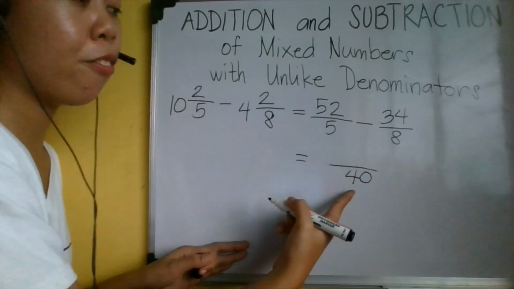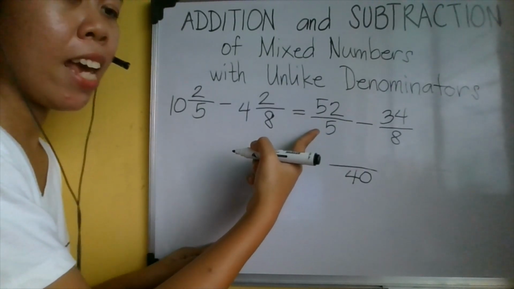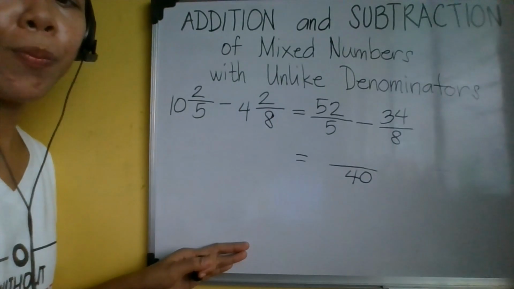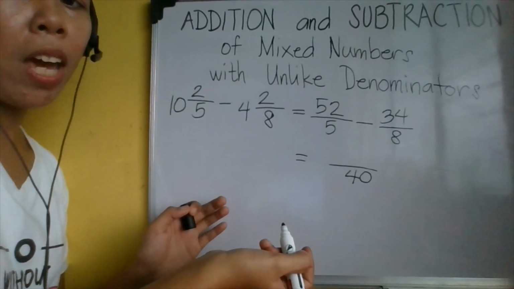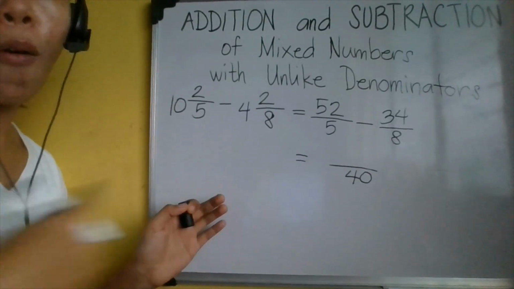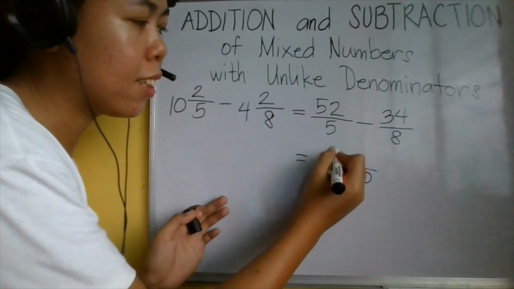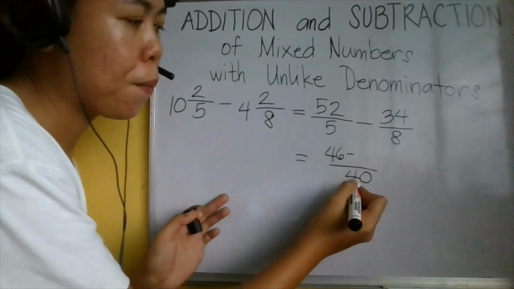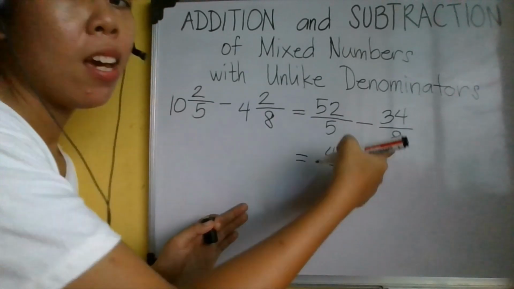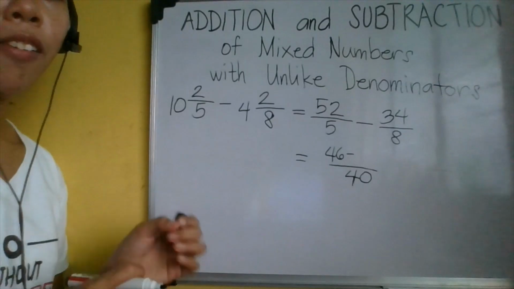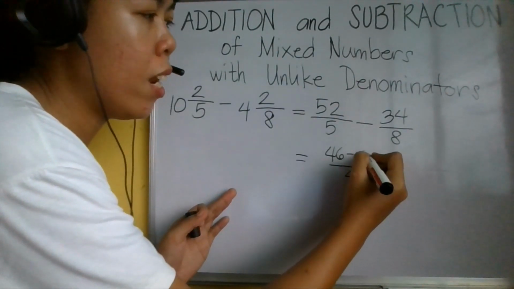Next, divide 40 by 5. 40 divided by 5, 8. Then 8 times 52, we have 416. Then 416 minus 40 divided by 8, we have 5 times 34. 5 times 34 is 170.